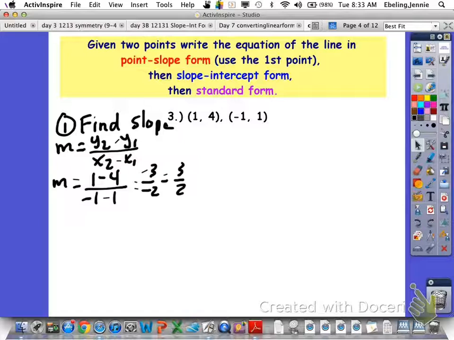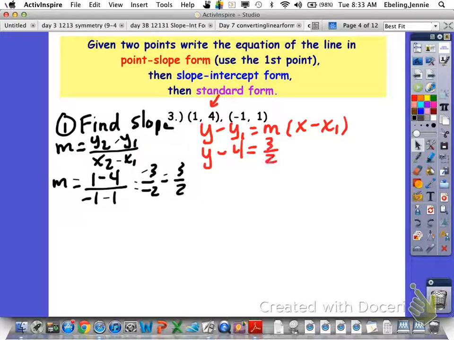So now that I know the slope and 2 points, I can do my point slope form now. So I can do y minus y1 is equal to m times the quantity x minus x1. And plug in, and we use my first point. Y minus 4 is equal to 3/2 times the quantity x minus 1. So I have my point slope form here.